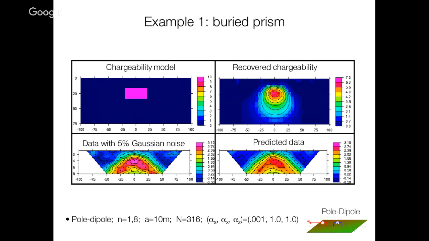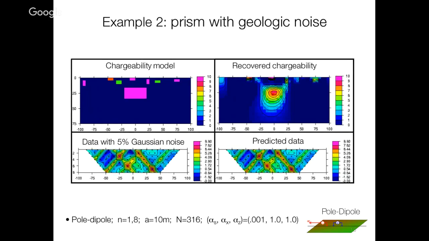case history. So let's look at our buried prism. So here's our chargeable prism, and here's the recovered chargeability. So that looks good. Once with the noise, again, we recover this, and we see some manifestations of this noise up here.